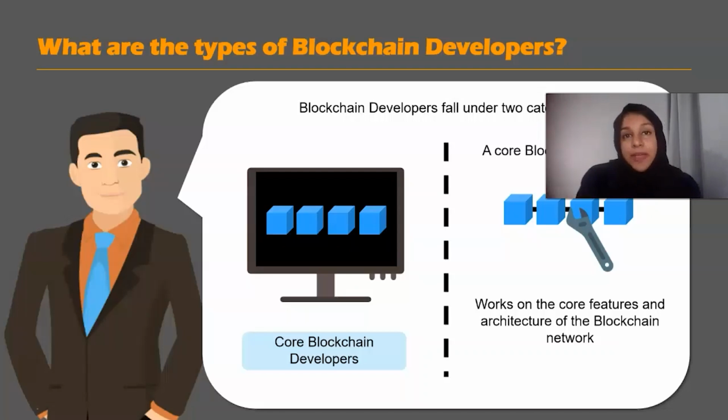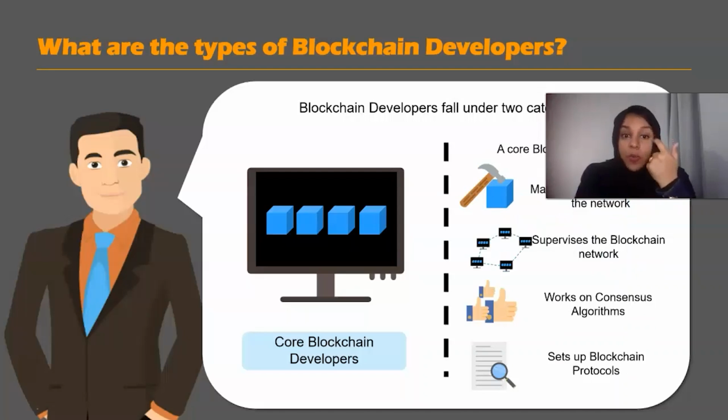It's not that they expect the programmers to do the whole networking and architecting at the base layer; they expect someone else with the required expertise to handle the network part. That is where the core blockchain developer comes in, when you talk about the architecture, working on the consensus algorithm, and how you're going to set up the whole blockchain network. That is one part of the blockchain developer that you can be.